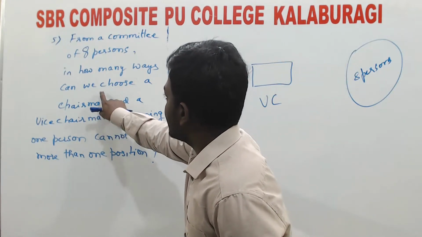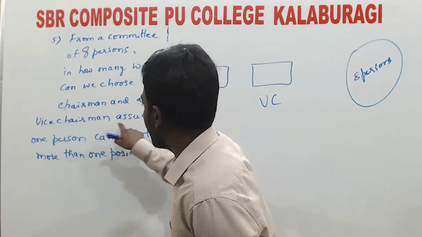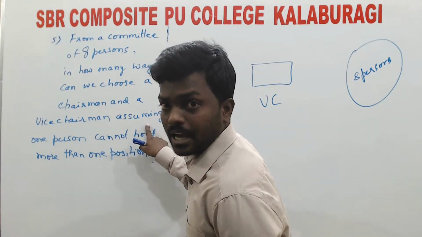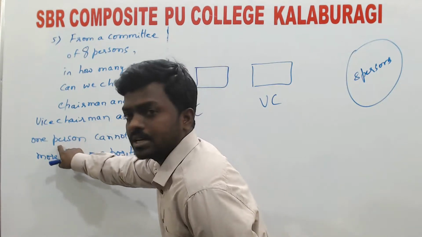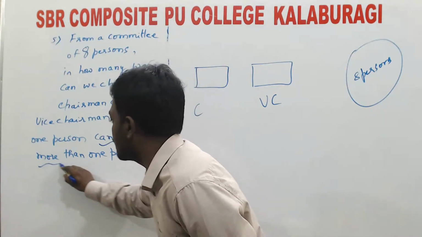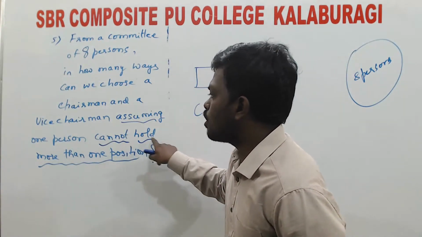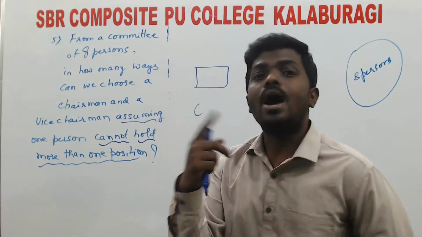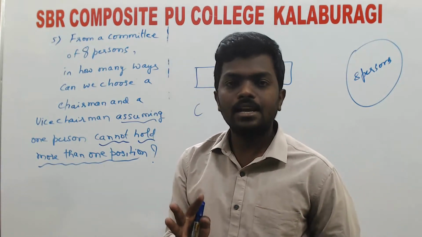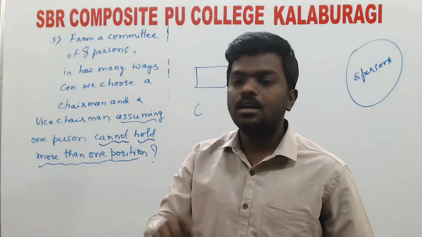We choose them assuming that one person cannot hold more than one position. This assumption, or condition, is important. Is that clear? There is a committee, there are 8 persons, right?